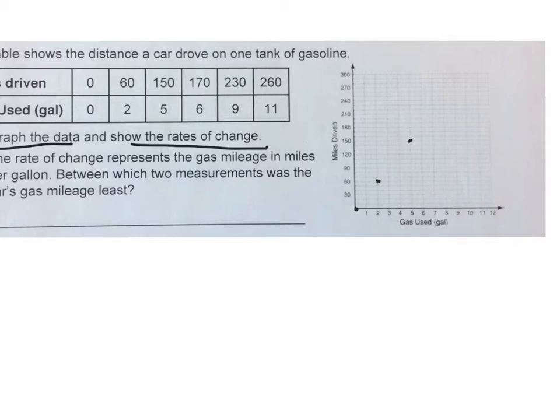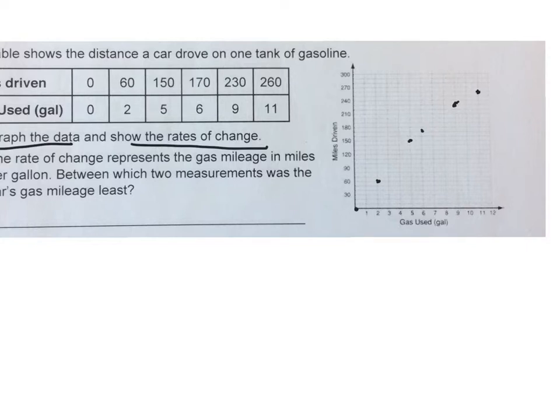And then 6, 170. Since it's increments of 10, 6, 170 is going to be about right there. And then 9, 230 is going to be about right here. And then finally 11, 260 is going to be way out here. So 40, 50, 60, it's going to be about right there, I believe.